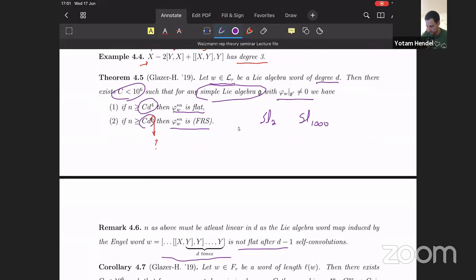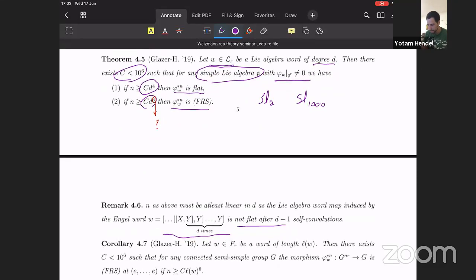One corollary of this theorem 4.5 above is that we can get a first step towards solving a probabilistic type problem in the setting of p-adic groups. For the family that I've described before, of finite rings of this form and the maps that they induce when I have some algebraic morphism: if I have any word w of length L, I have some constant such that for any connected semi-simple group G, after taking n convolution powers, I get a morphism which is FRS, but this time only at the identity.